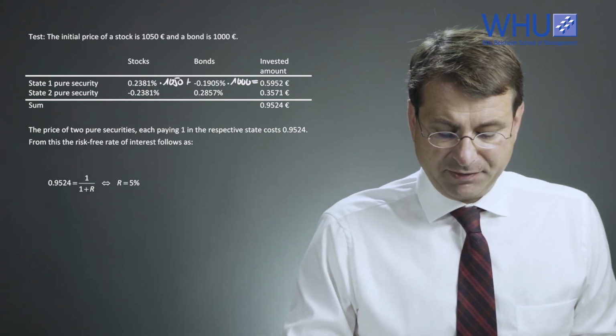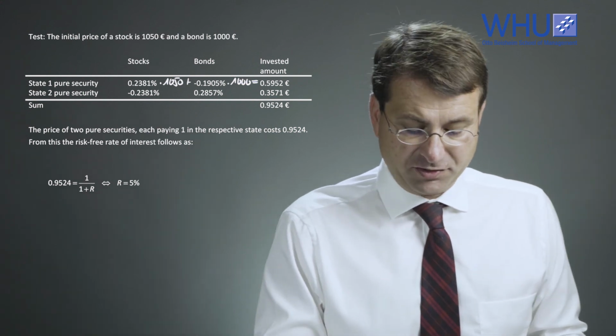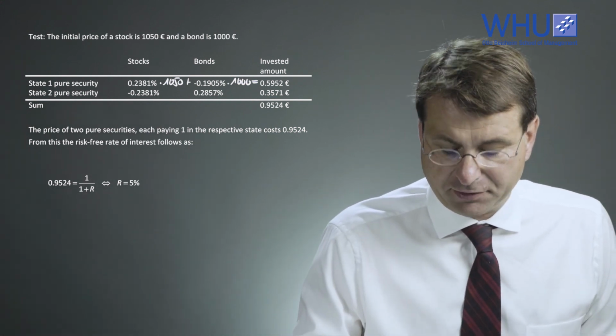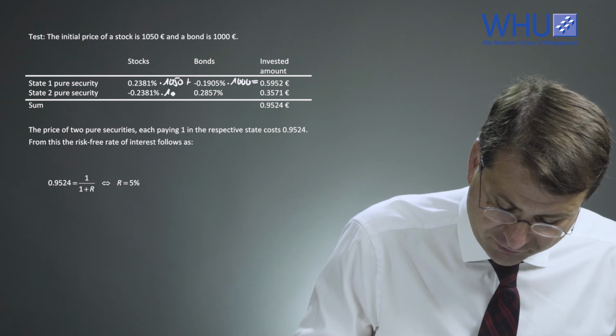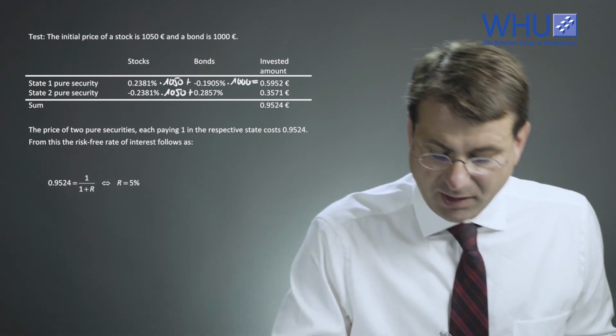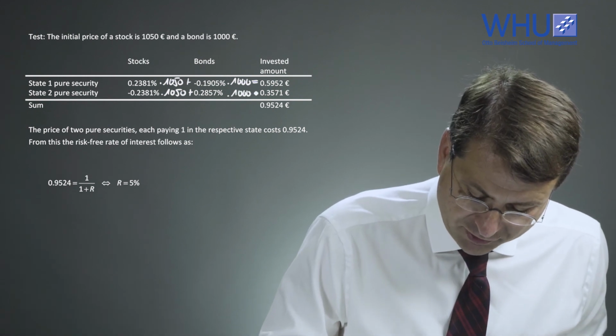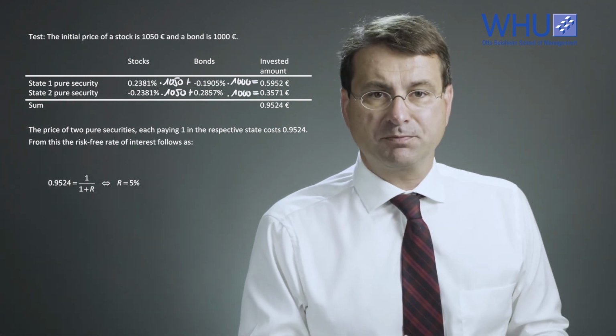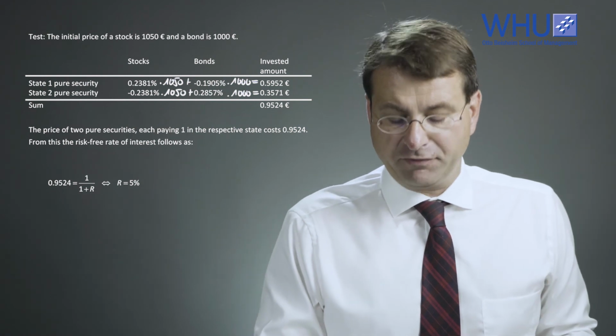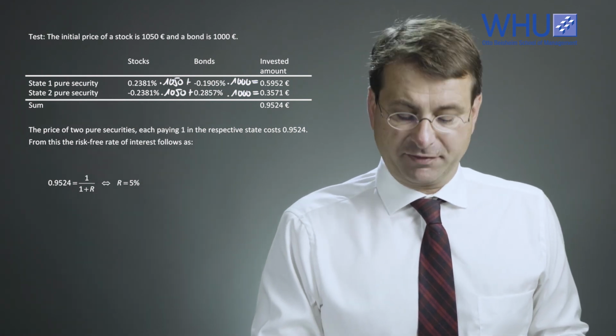And at the same time, the state 2 pure security costs minus 0.2381% times 1,050 plus 0.2857% times 1,000. So the price of the state 2 pure security is 35 cents, a little bit more than 35 cents.